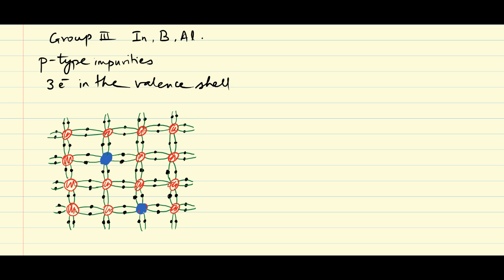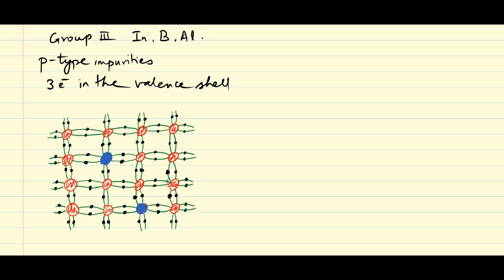We can picture the situation when the boron dopant atoms have replaced some of the silicon atoms in the crystal lattice. So you can see in this picture the blue discs which I have shown, these are the boron atoms, the red ones are silicon, and the black dots are electrons.